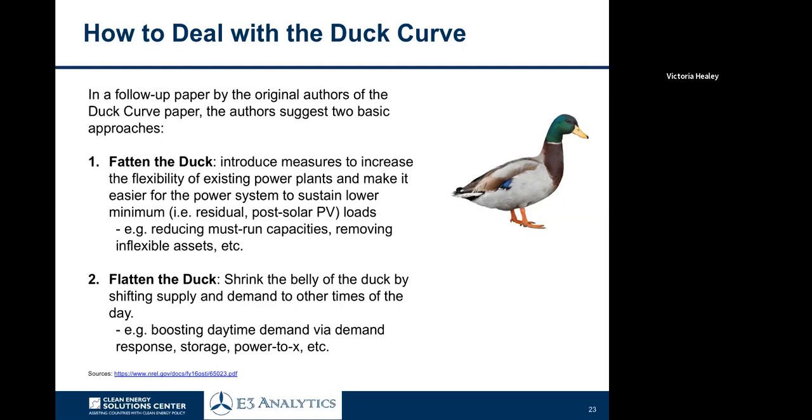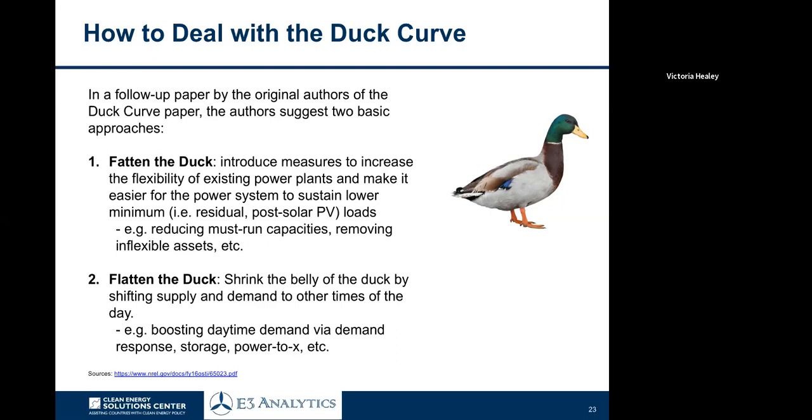Reducing the must-run capacity on the network, the inflexible coal and nuclear plants, for example, removing inflexible assets from the system, could help fatten the duck and make it easier to deal with low net load during the daytime caused by high shares of PV.